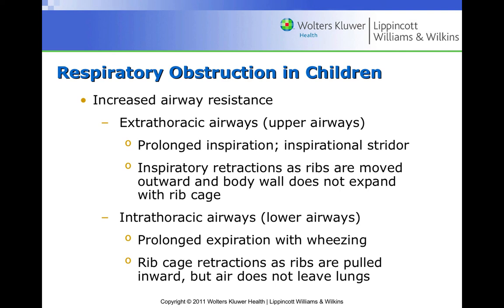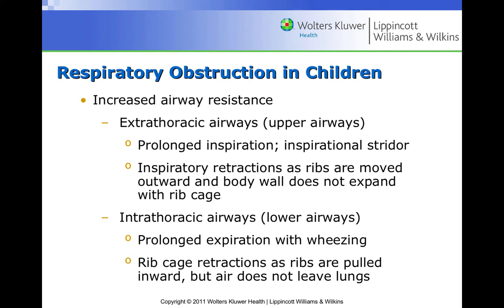Couple of diseases to think about for children that you need to understand. Basically, respiratory obstruction in children can occur either in the upper airways or the lower airways. The signs and symptoms are a little bit different. If it's an upper airway disease, you have prolonged inspiration or an inspiratory stridor, which is a noise as they're breathing in.